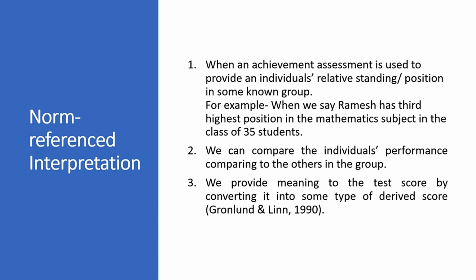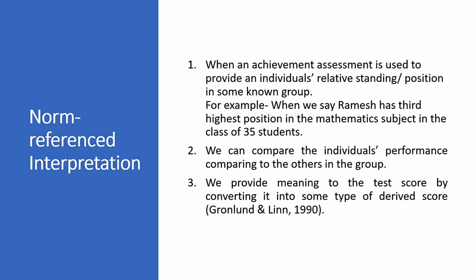Third point is we provide meaning to test scores by converting them into some type of derived score. According to Gronlund and Lin, 1990, norm reference interpretation is that we provide meaning to the test score by converting it into some type of derived score.